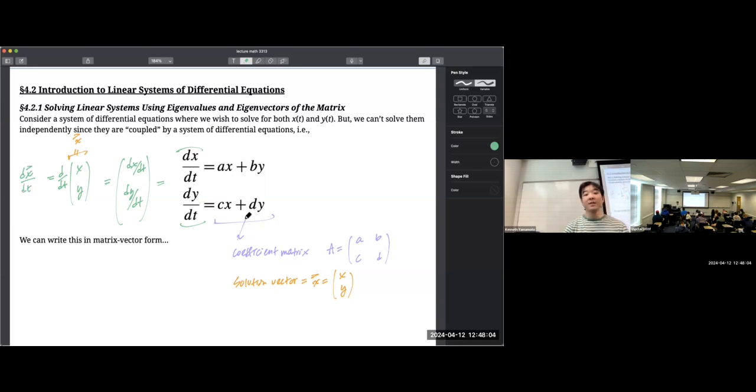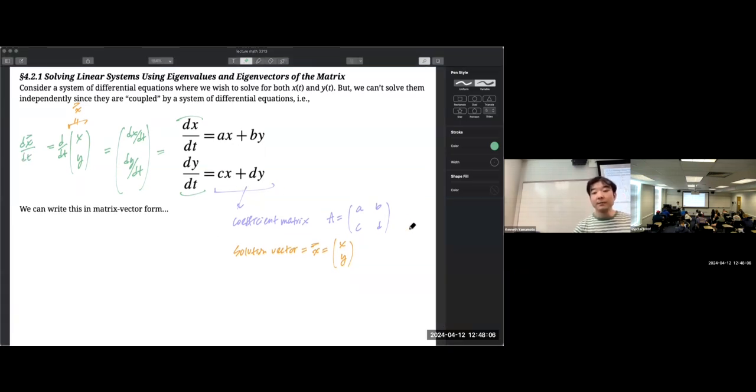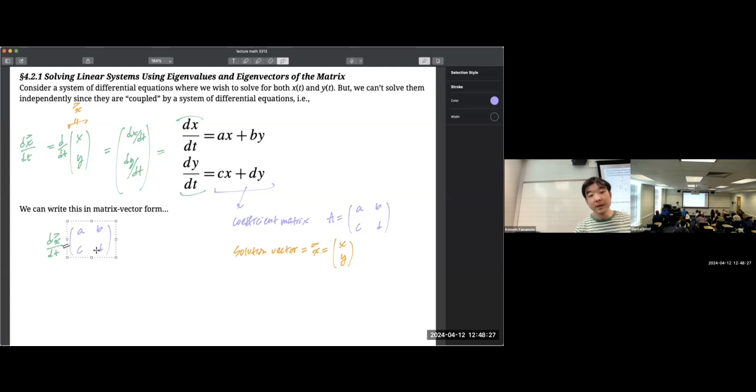And so that leaves us with dx vector dt. Putting all this together, the matrix vector form has the left-hand side, after you condense it into a derivative of a vector, equal to the coefficient matrix, which is this purple thing, multiplied by the solution vector.